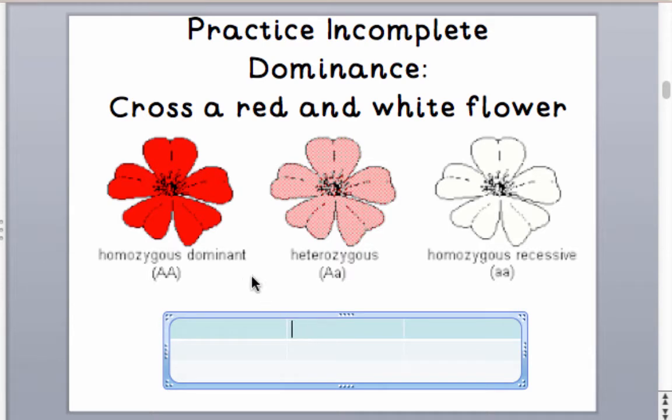Let's write then, a red flower will be represented with A and A. Now let's make this a little bit darker so you can see it better. And the white flower will be represented with a lowercase a and lowercase a. When we make the cross, this is what we will find.